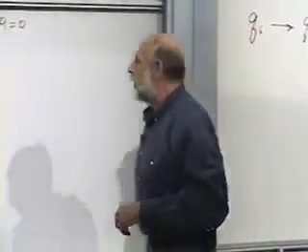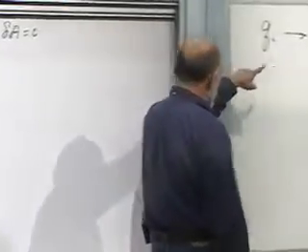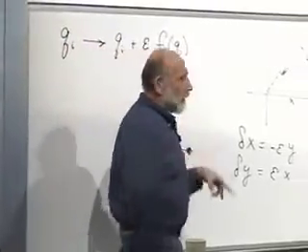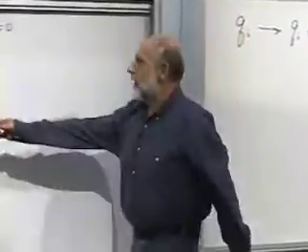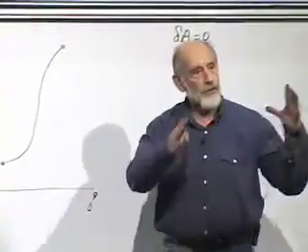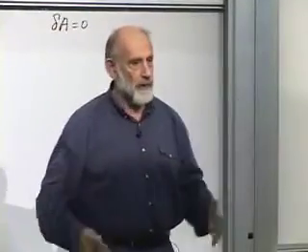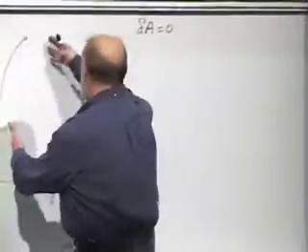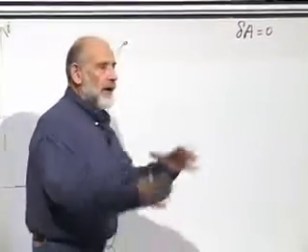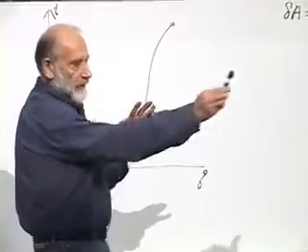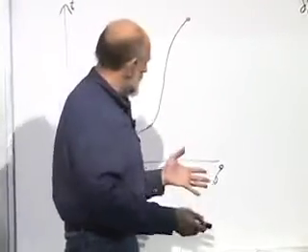What I'm going to do is apply the symmetry operation to the trajectory. If the symmetry operation is translation in space, it's just going to take this trajectory and translate it in space. If it's rotations, it's going to rotate the trajectory about some axis.